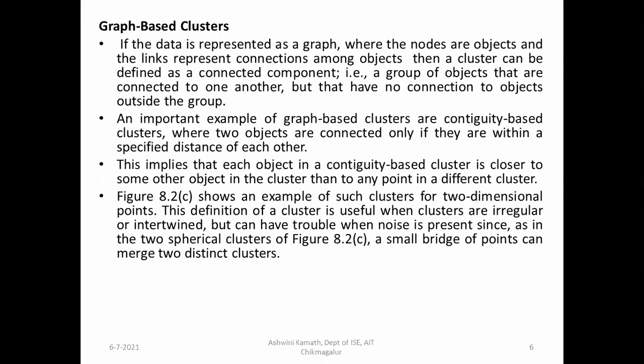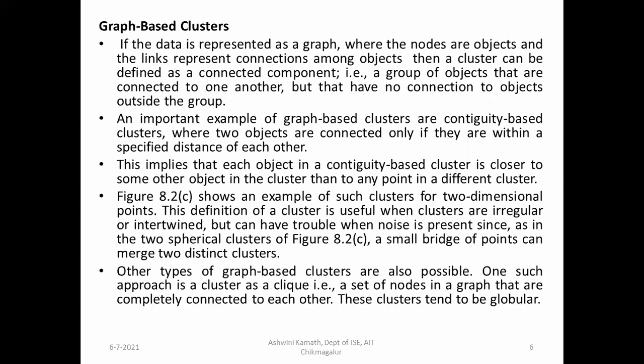So this definition is very useful when we have irregularly shaped clusters, but when noise is present in the data, it will link two clusters together. I'll show you that.